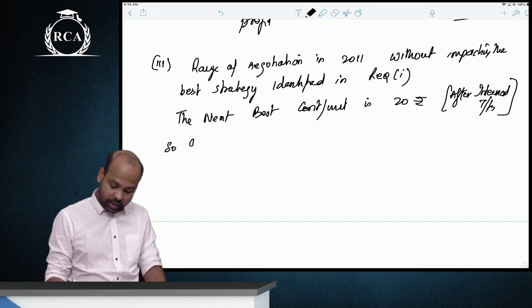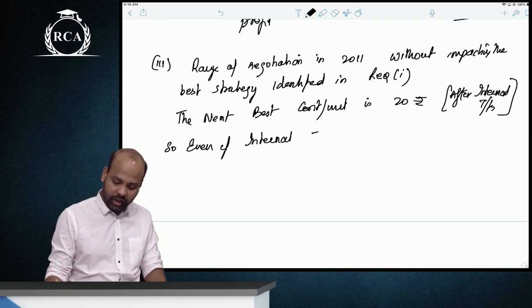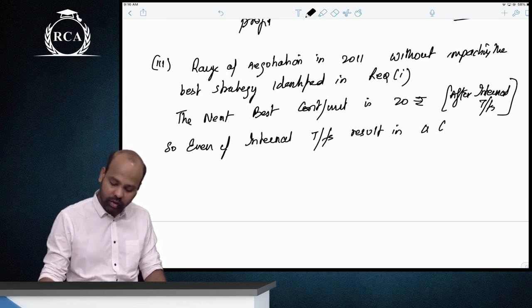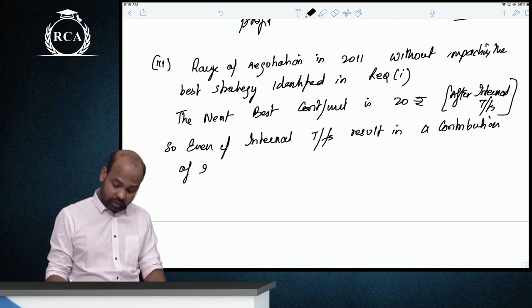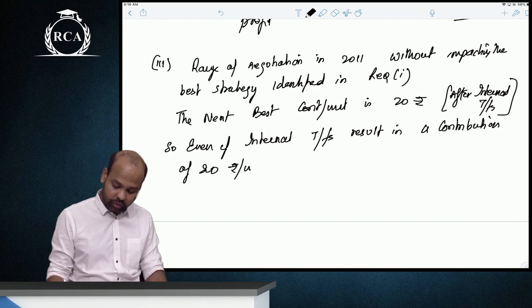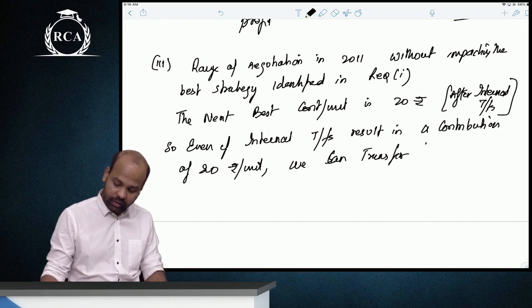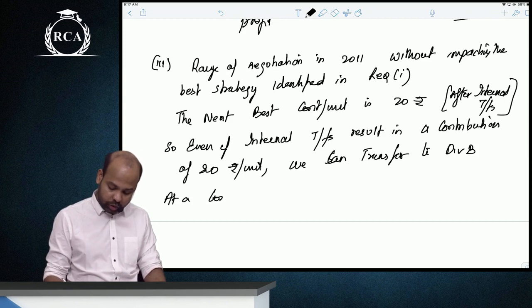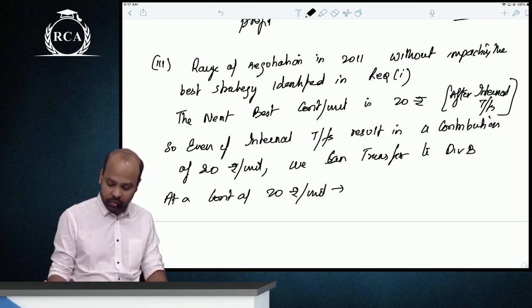So even if internal transfers result in a contribution of 20 rupees per unit, we can transfer to division B. Yes or no? Yes. So at a contribution of 20 rupees per unit, what will be your minimum transfer price?